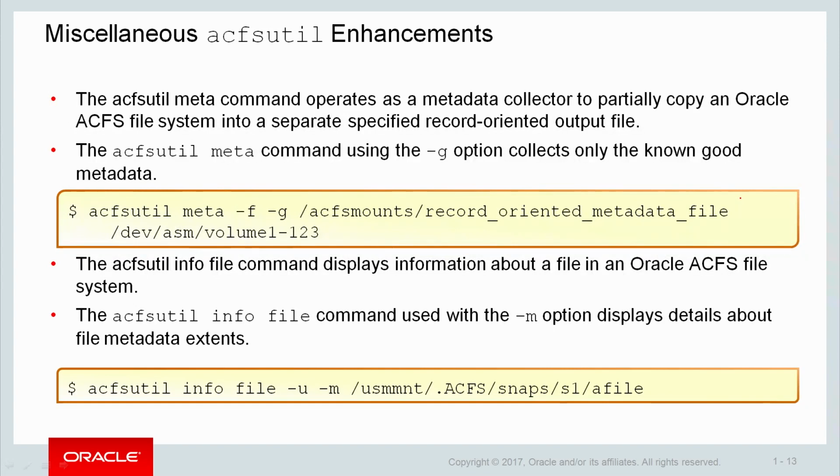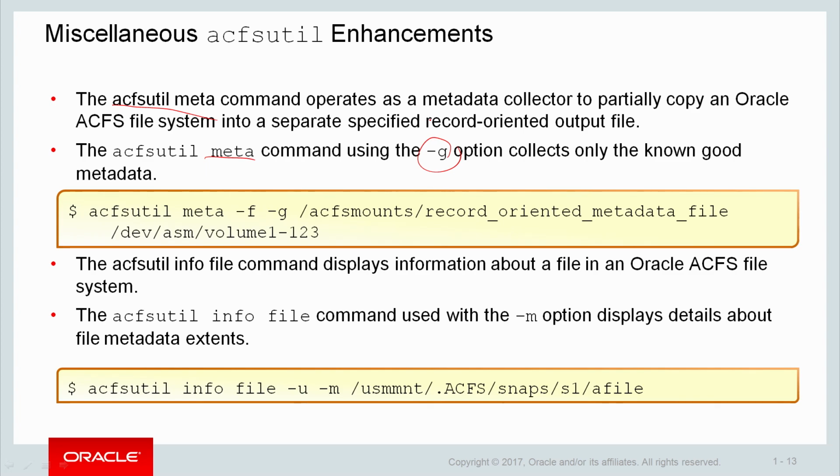Some other ACFS util enhancements: we have the ACFS util meta command. This operates as a metadata collector to partially copy an Oracle ACFS file system into a separate specified record-oriented output file. Now, the ACFS util meta command using the -G option collects only the known good metadata.